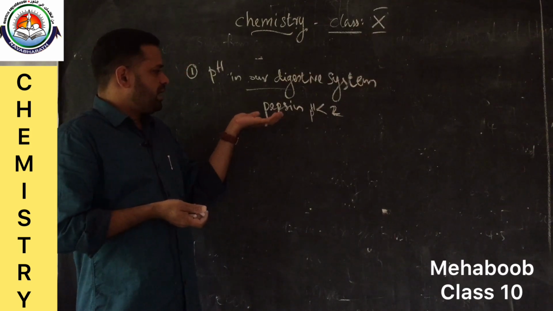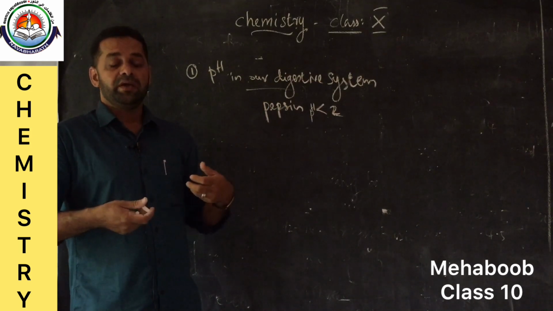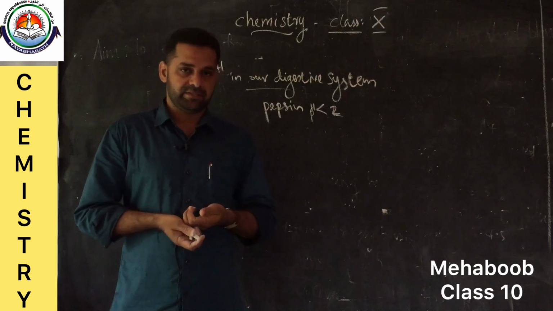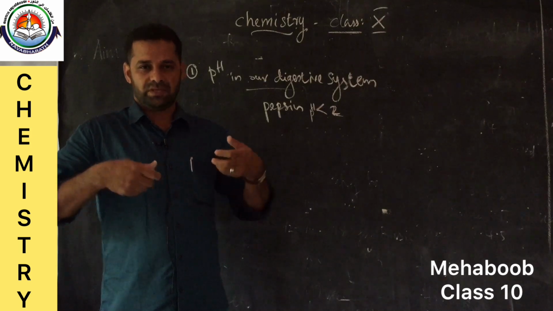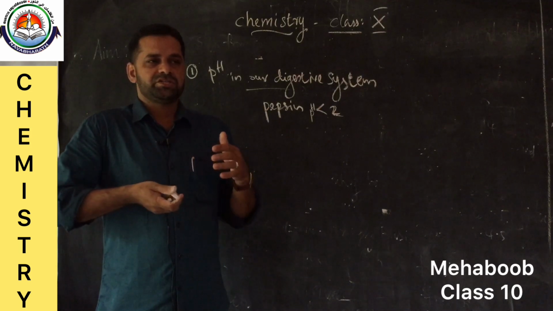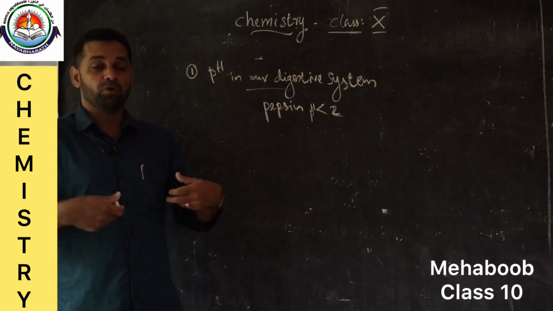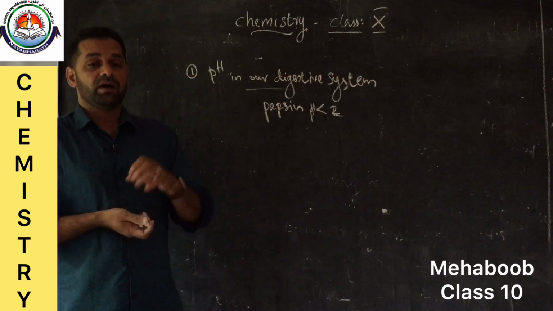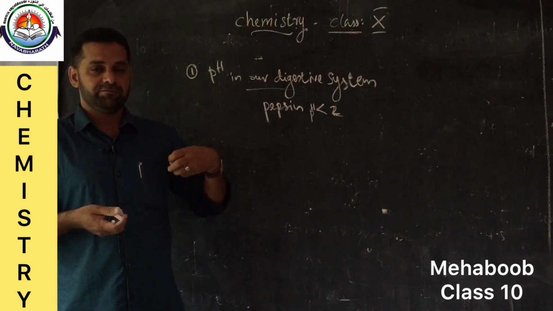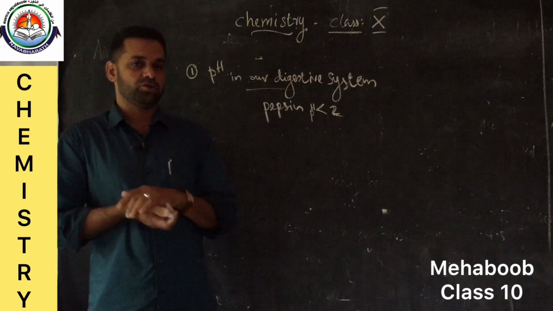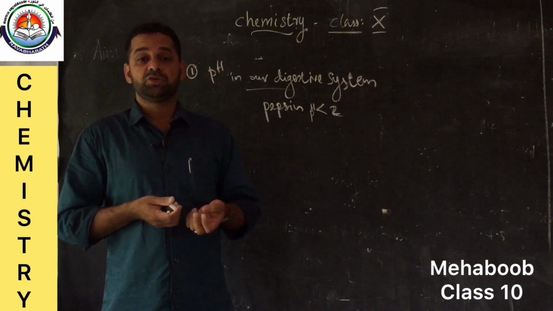And sometimes, in some people, excess amounts of acid are produced because of tension or some other cause. It may produce more acid in the stomach, which causes acidity. If excess acid is produced in our stomach, that may lead to pain in the stomach and also indigestion.